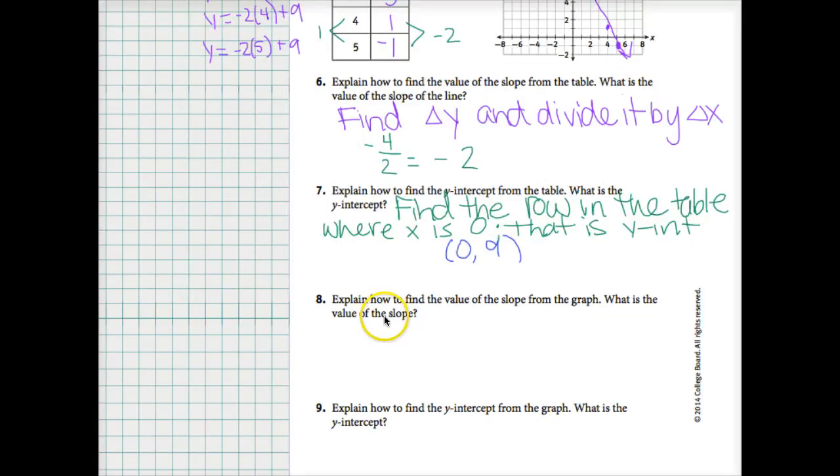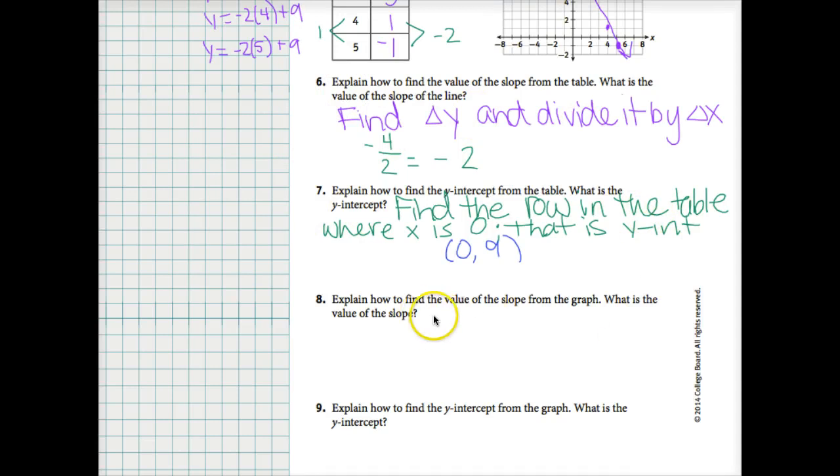Next, explain how to find the value of slope from the graph. So again, this is review. We've already found slope from a graph. It was on your last quiz. Same with y-intercept. But this is just reviewing very important skills.